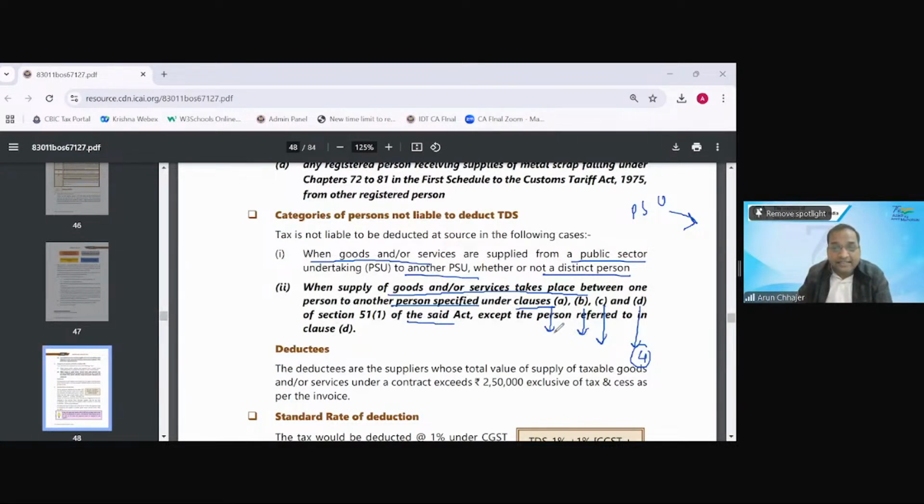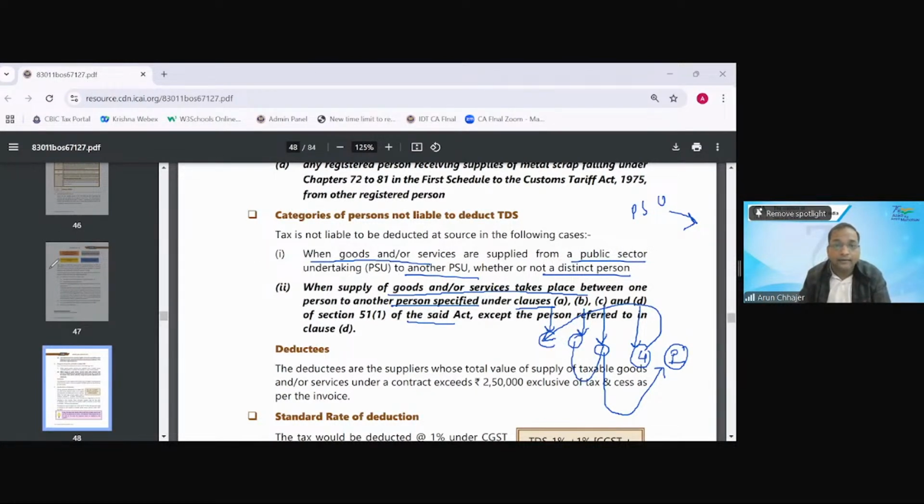It means, let's say, a local authority is making the supply to a government agency, no TDS. Government agencies making supply to a body set up under the Parliament Act, no TDS. Same, PSU making supply to government agencies, no TDS.